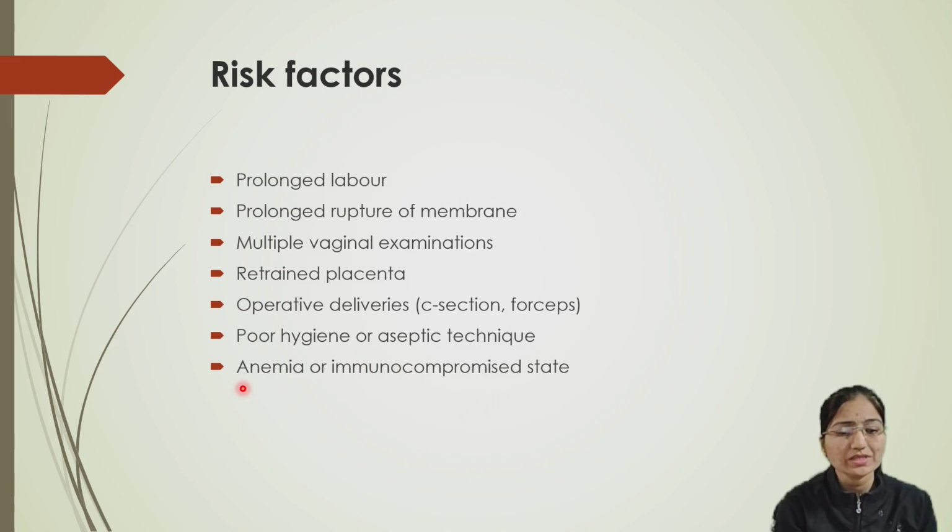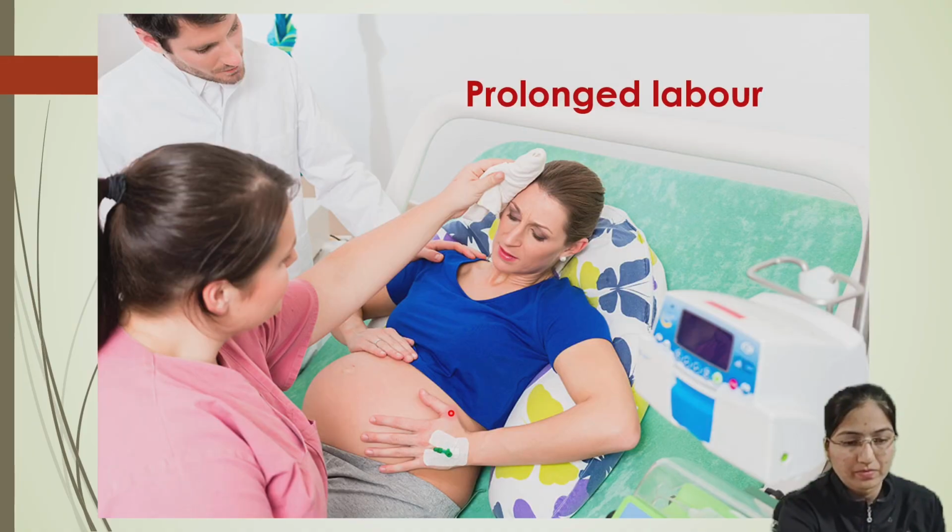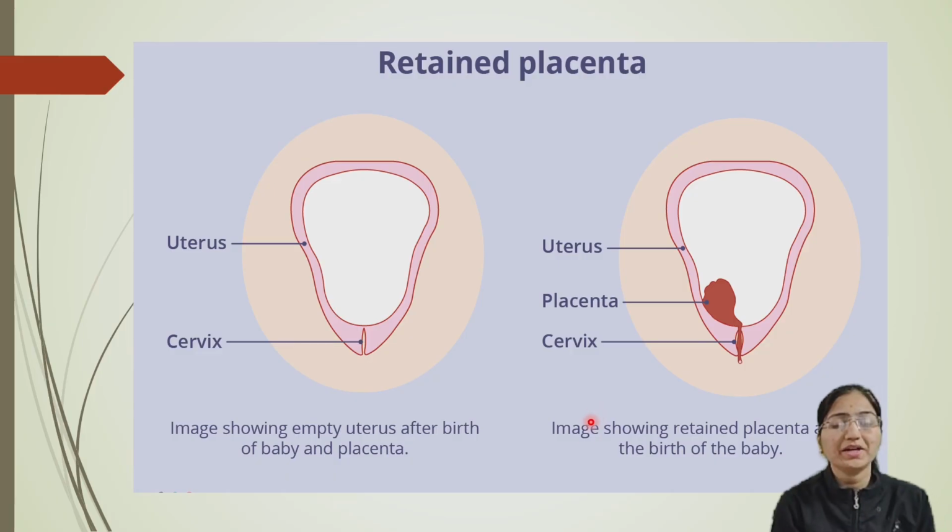The last one is anemia or an immunocompromised state, that is having low immunity. These are the risk factors of puerperal sepsis and pyrexia.